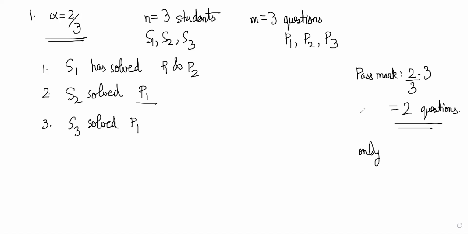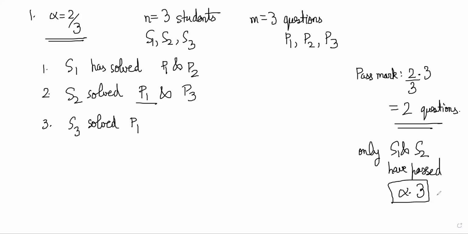Okay, two questions have to be solved. So we can set it up as P1 and P3, right? P1 and P3 has been solved by this. So here we can say that only S1 and S2 have passed, which is alpha times 3 or alpha n, right? So at least alpha n students have passed.